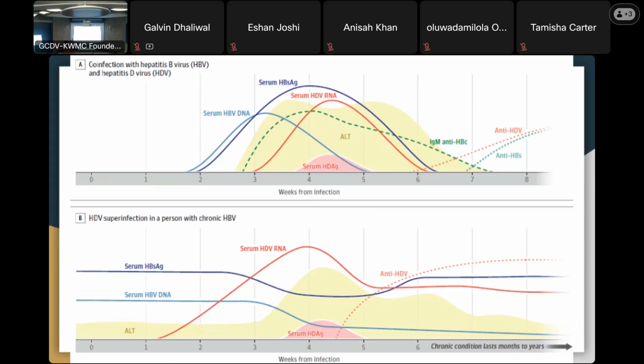Yes, good. Core antibody. So anti-HBC, if they're positive, and you can see it in the first diagram, the one in dotted green, it's not there in the second one. So that's how you differentiate co- and superinfection.